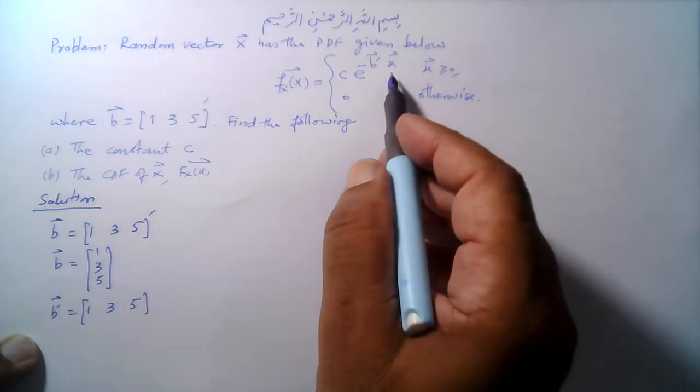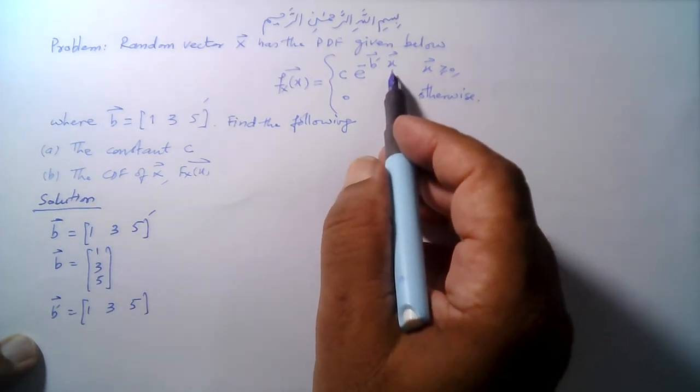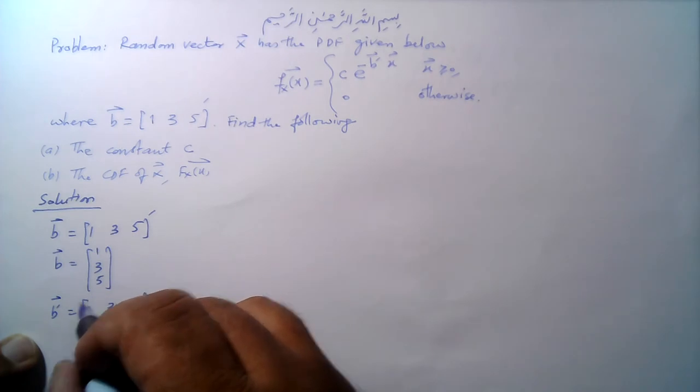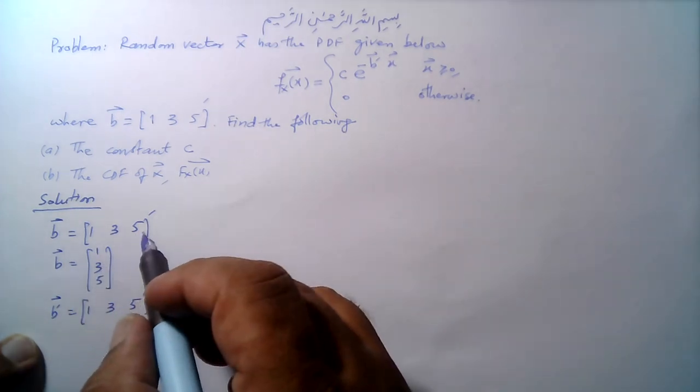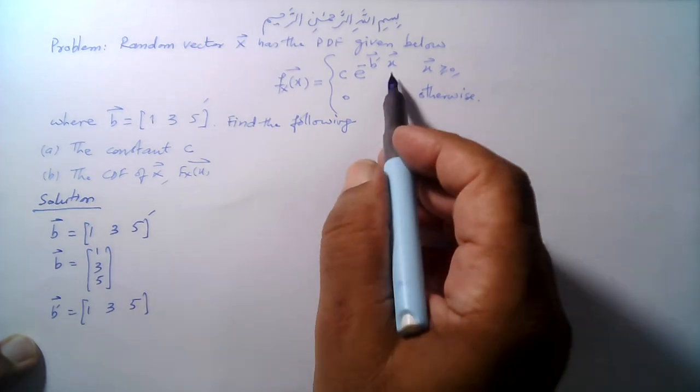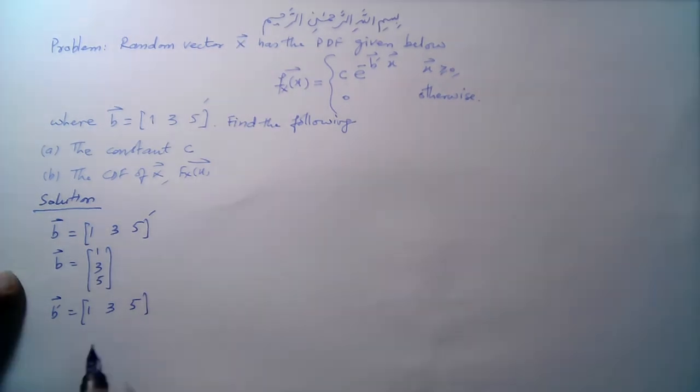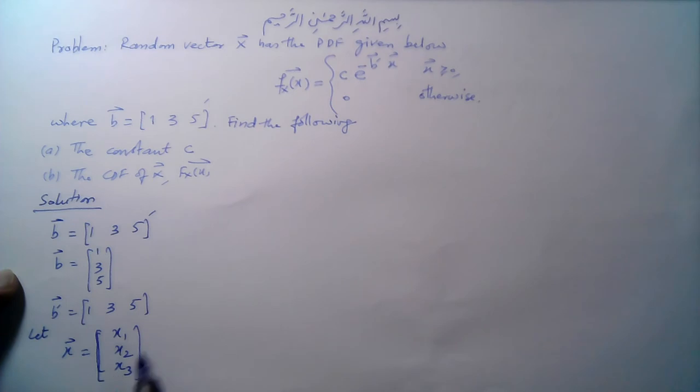So x must also have 3 elements, and for them to be conformable, b dash bar and x bar, this must be a column vector, right? So let us suppose that x is equal to this column vector with these 3 elements, x1, x2 and x3. So this is a row vector and this must be a column vector. This has 3 elements, so this must also have 3 elements for them to be conformable for multiplication like given here.